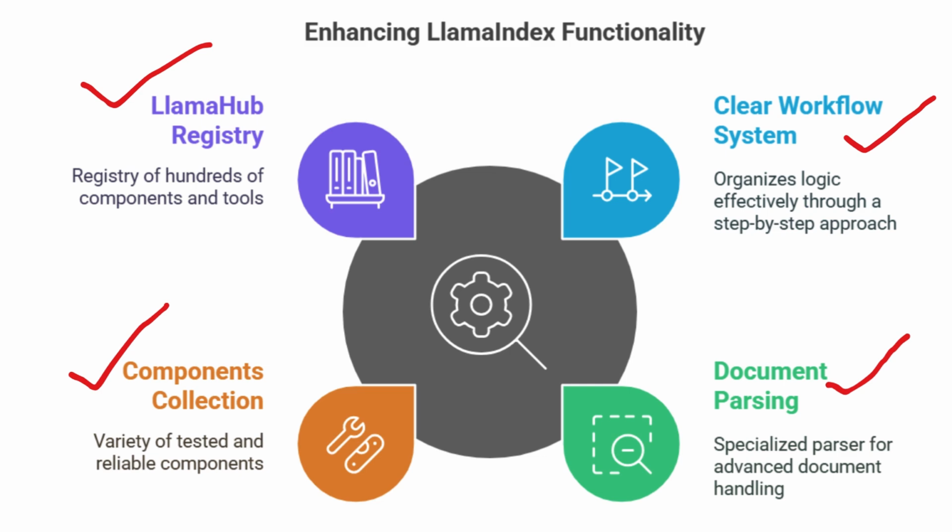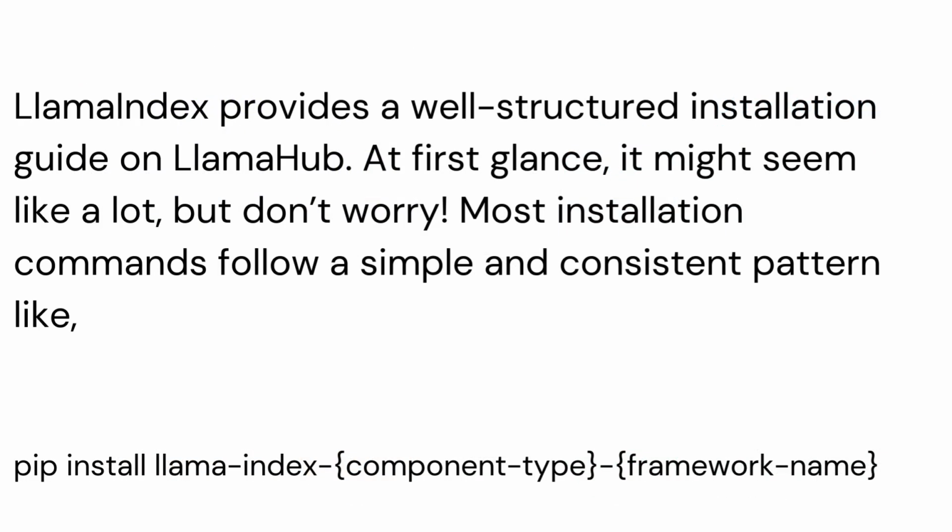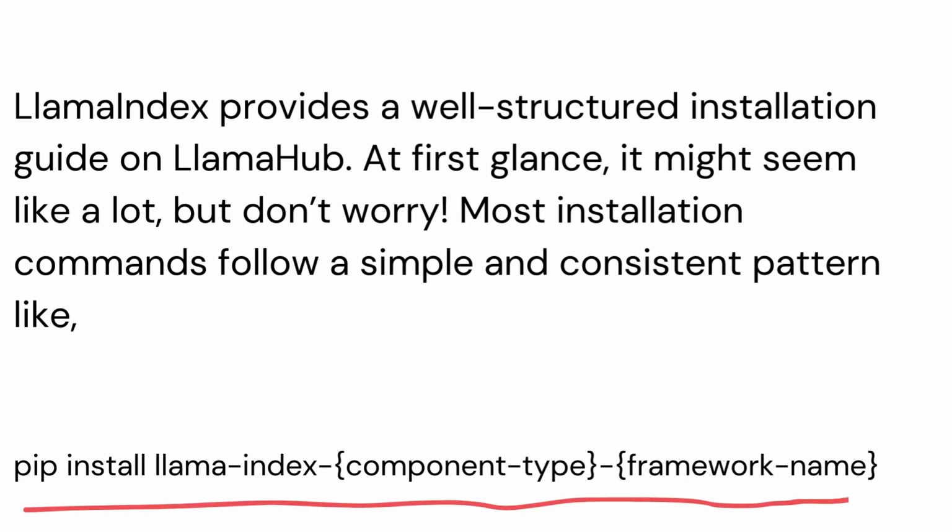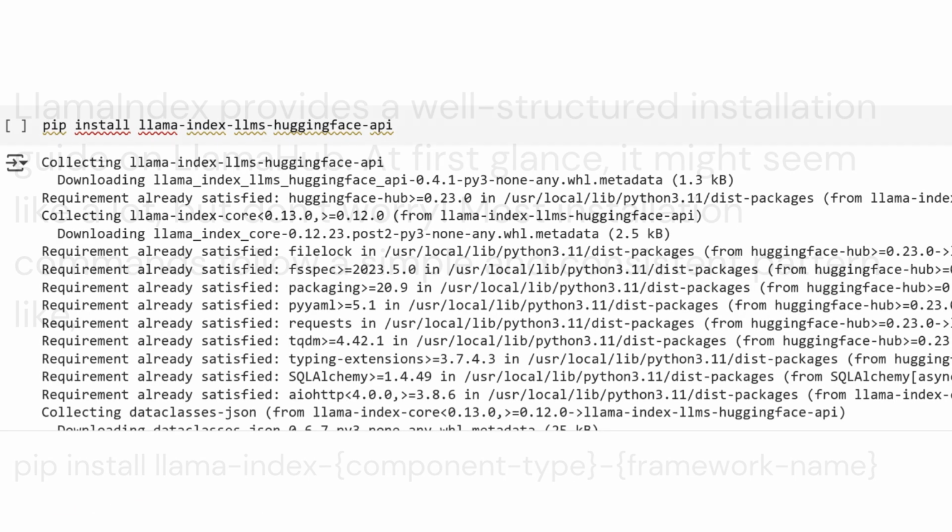LlamaIndex provides a well-structured installation guide on LlamaHub. At first glance, it might seem like a lot, but don't worry. Most installation commands follow a simple and consistent pattern like pip install llama-index-<component type>-<framework name>. Okay, let's try installing the dependencies for an LLM component using the Hugging Face Inference API integration.